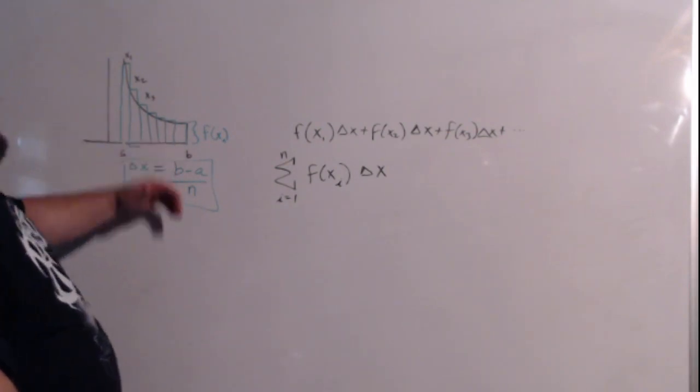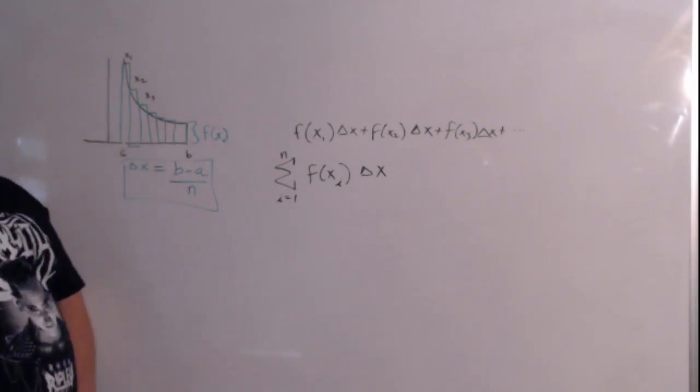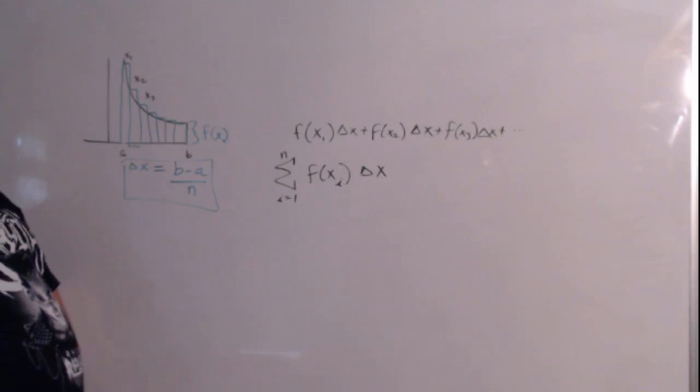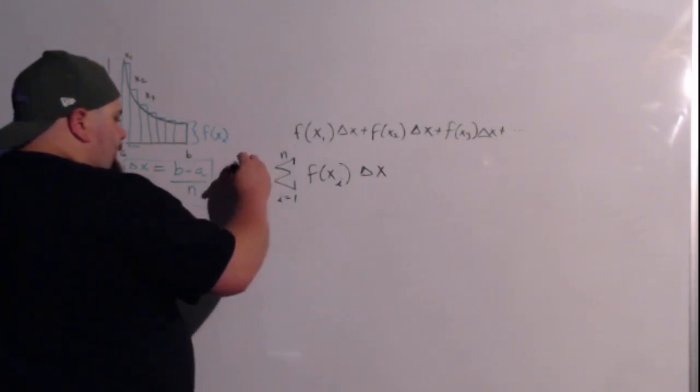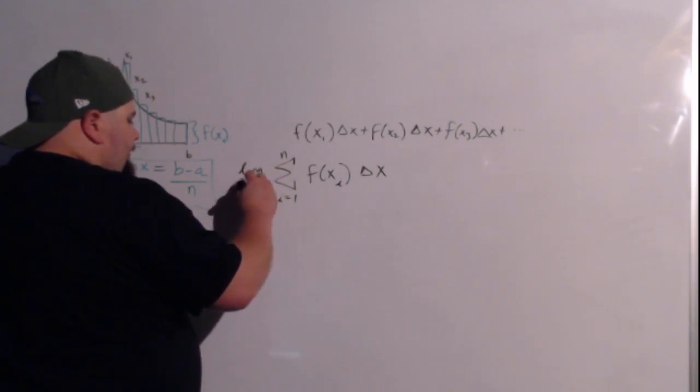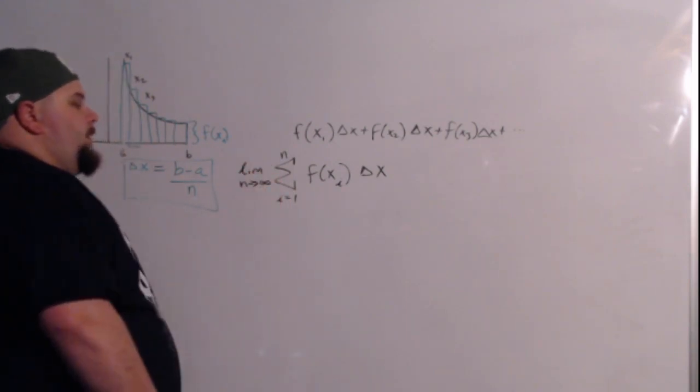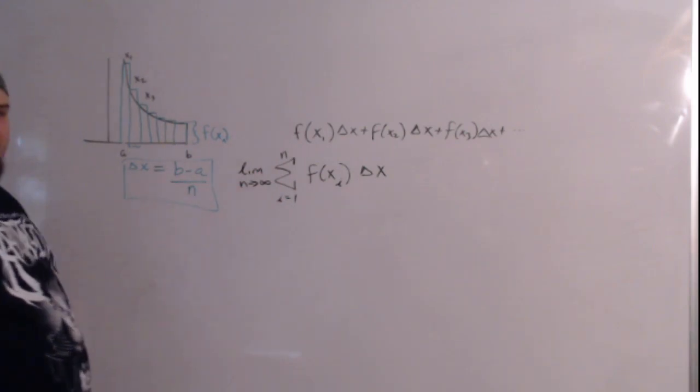Now if I want the area to be really accurate, then I need to take the limit of this as n gets really big, right? Because I want an infinite amount of rectangles. So I'm going to take the limit as n approaches infinity.